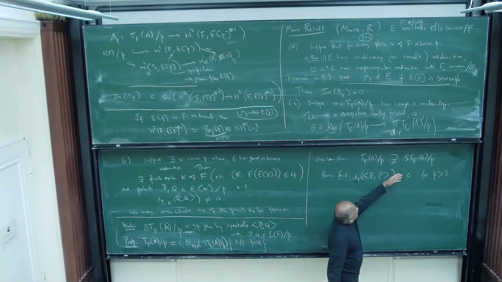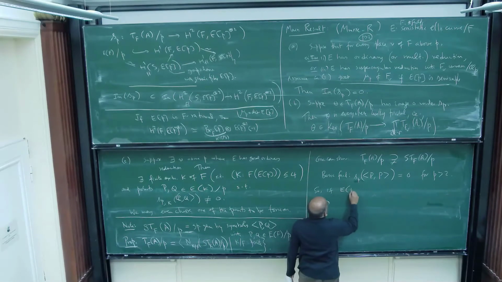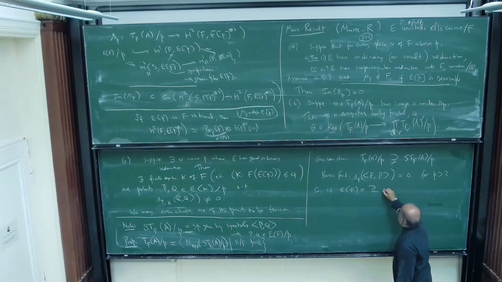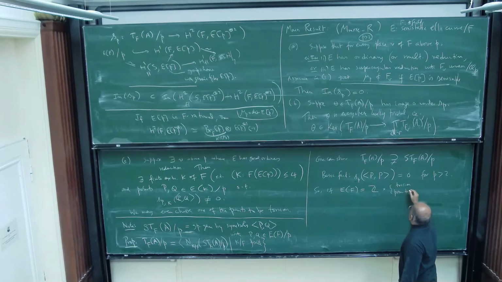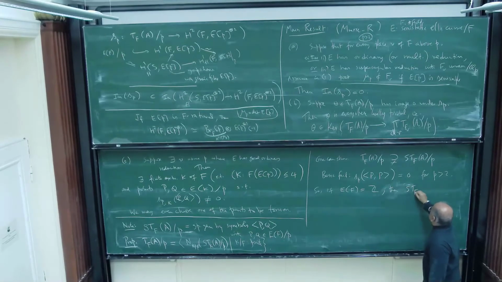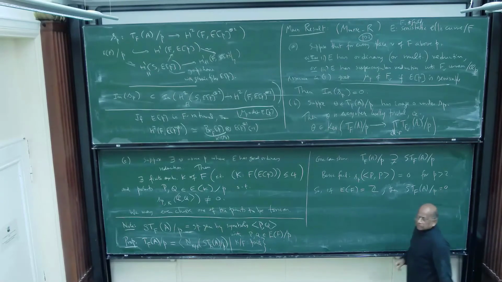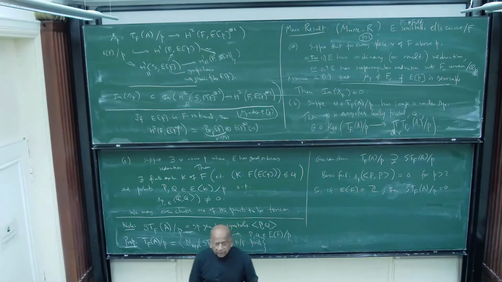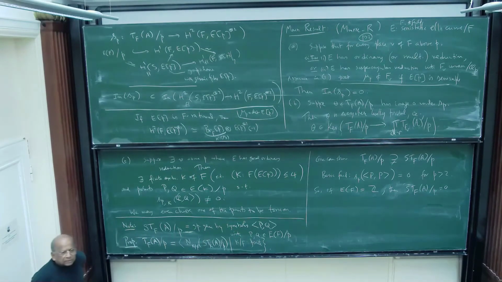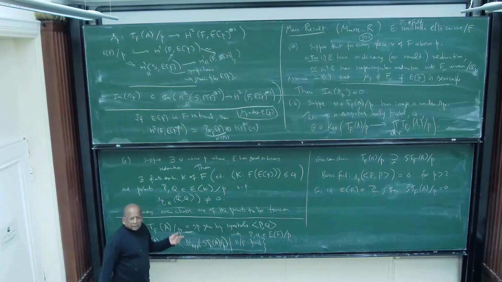So if E of F, for example, is Z, across some group which is torsion prime to p, so let's just say Z for simplicity, then the ST of F of A must be 0. But T need not be 0, and we can show exactly where it's not. So that actually was what makes it difficult. But, okay.